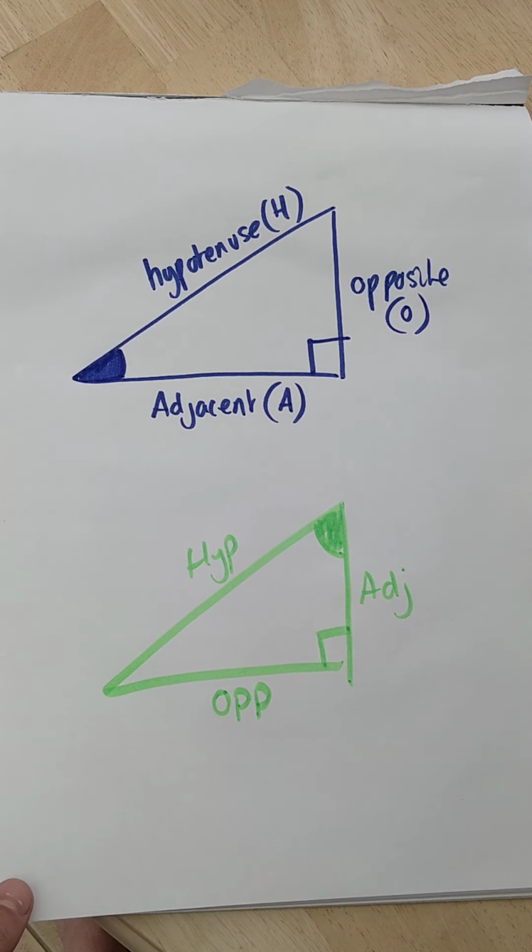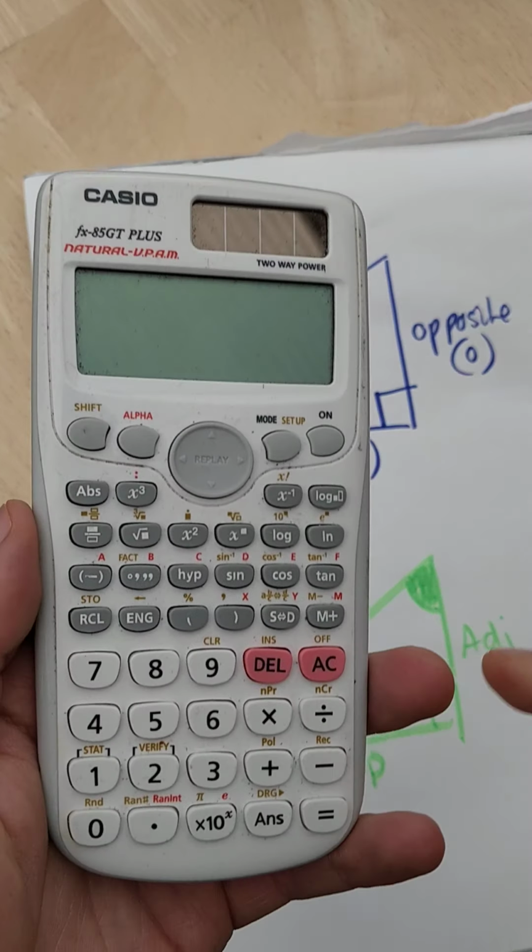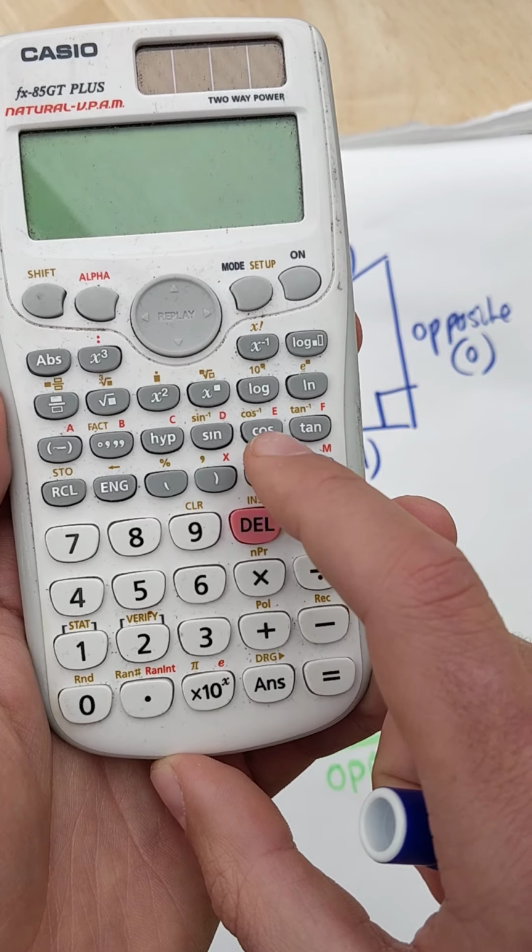With respect to that, on your calculator you have sine, cos and tan buttons. They relate to the ratios of these sides relating to each other with the angles. So the three ratios are sine, cos and tan.